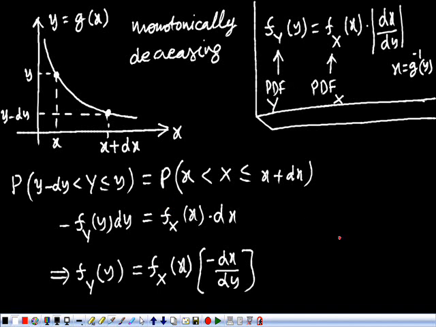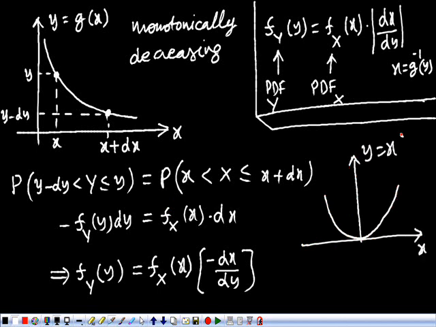If the function is non-monotonic, like this is x, it is y equivalent to x square, this is 0. So corresponding to a value y naught, we have two different values. Or otherwise, if you consider another value here, this is y and this is y plus dy, then we have x1 and x1 plus dx, x2 and x2 minus dx.